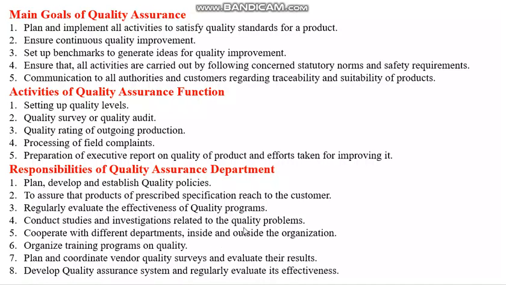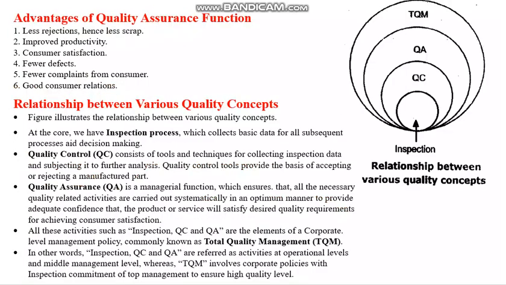Then develop quality assurance system and regularly evaluate its effectiveness. So on the whole, you have to develop the quality assurance system as such in the department, in the industry, in the organization, and you have to evaluate its effectiveness.